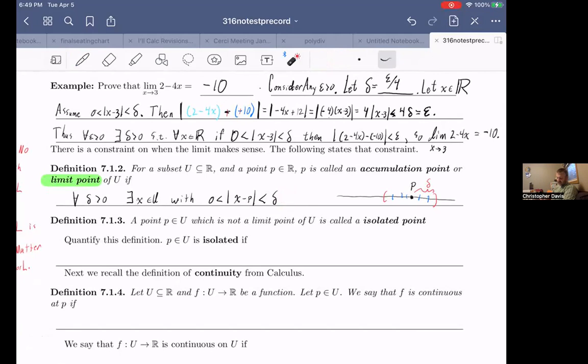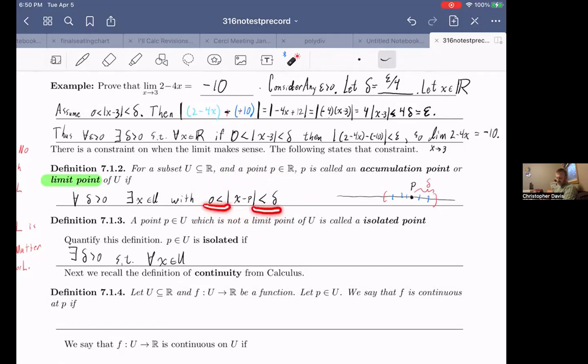So let's negate that. You negate a universal, you see that there exists a delta bigger than 0, such that no matter what x you choose in U, this is false. So what is this? This is like two inequalities that must be true.